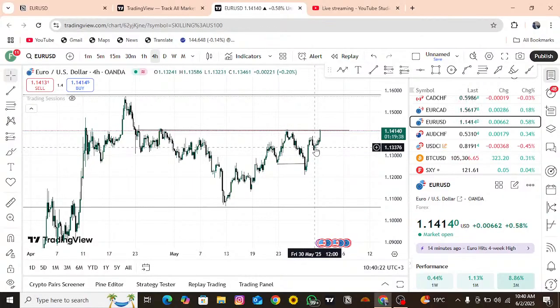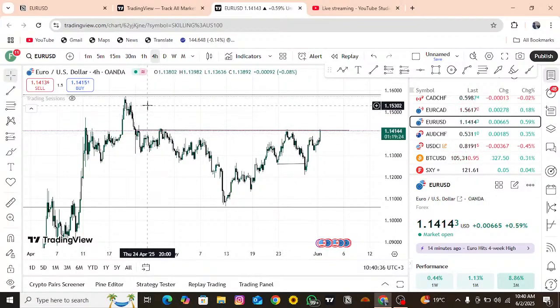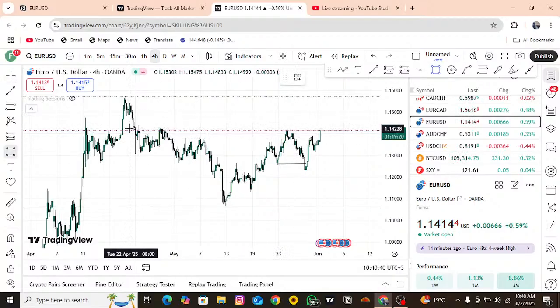They were taken out, and now we are still reacting to this particular zone. So am I able to spot something? Maybe a supply or a demand zone? In my case, I'm able to spot a supply, not even a supply, this zone, an order flow.